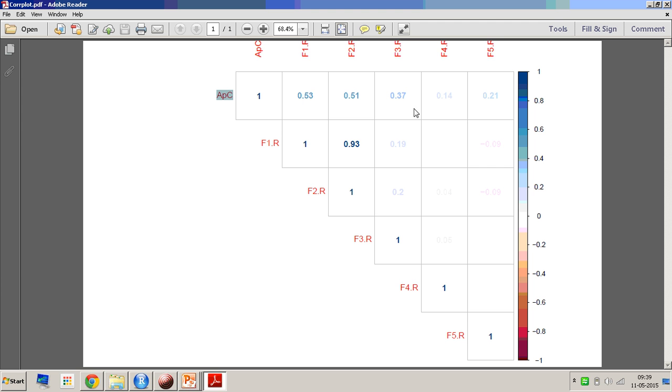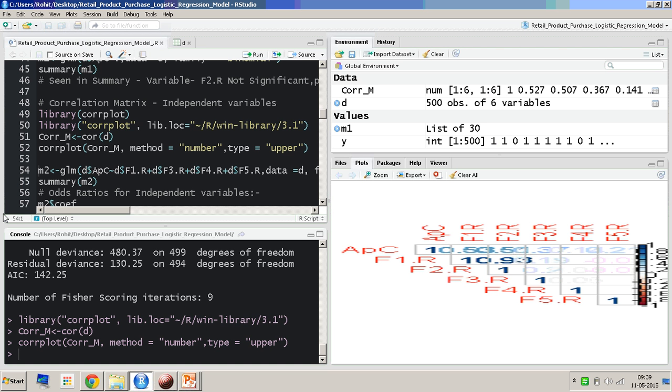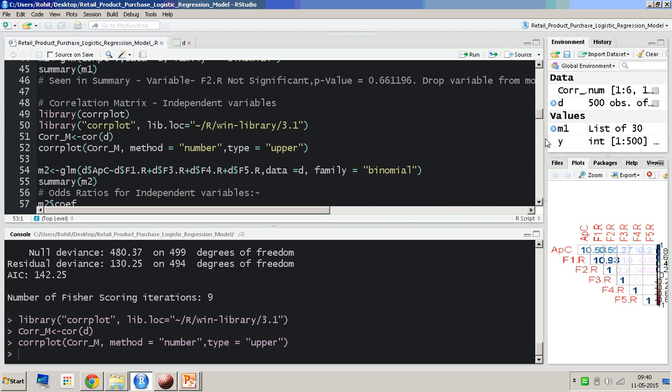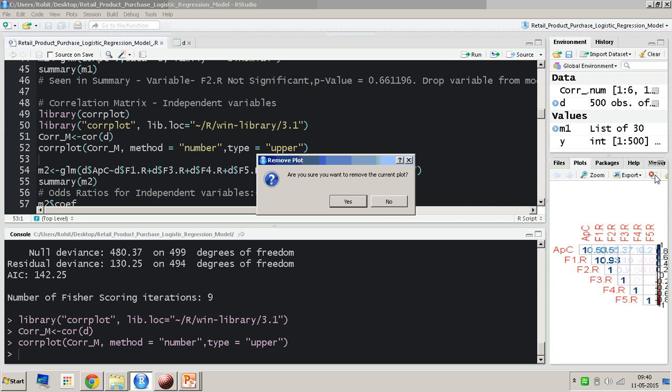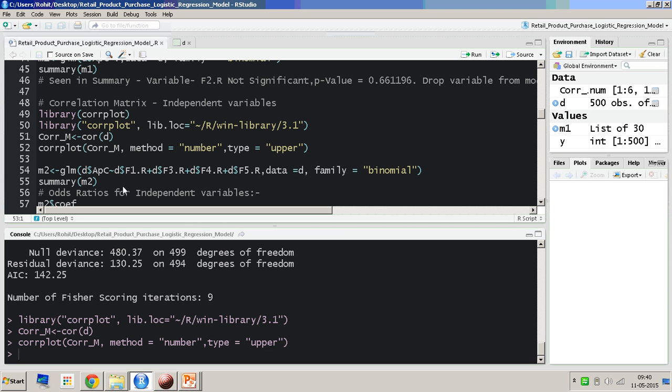So that is one thing that we get to see over here. But again, our regression might show different variables to be significant, so we can't necessarily make any significant judgment from this correlation plot.